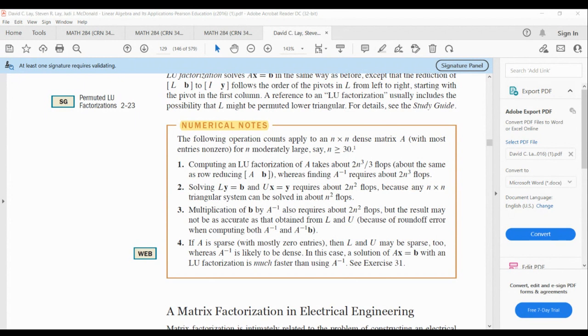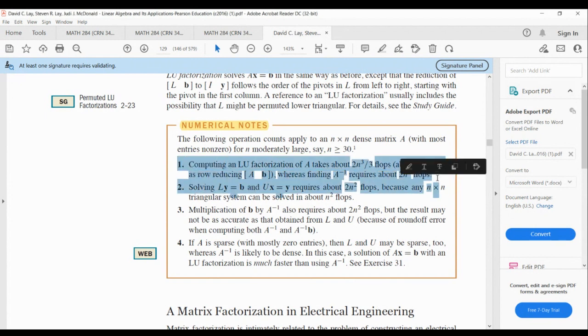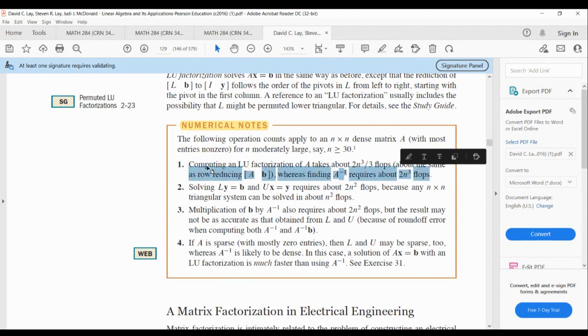So even though the LU factorization, and I'm really discussing this first comment here, let me just, when you solve a system of equations using an LU factorization, you have to get the LU factorization of the matrix A, and then you have the two systems of equations to solve.